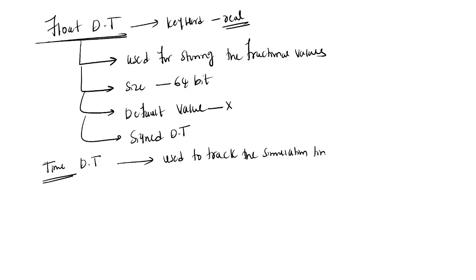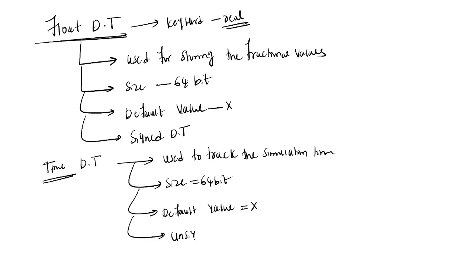The size of the time data type is 64 bit, the default value is x, and this is an unsigned data type. Time is not signed. You declare it like this. So these are the data types.